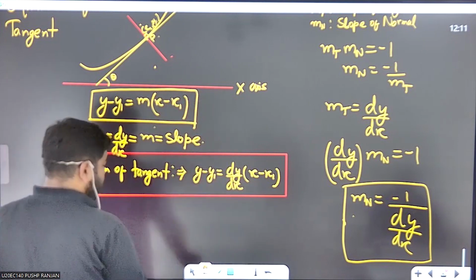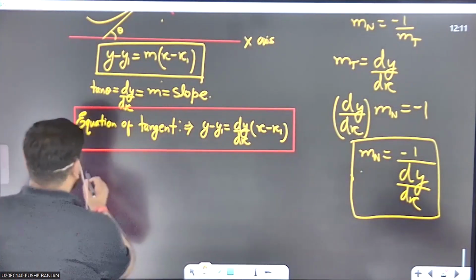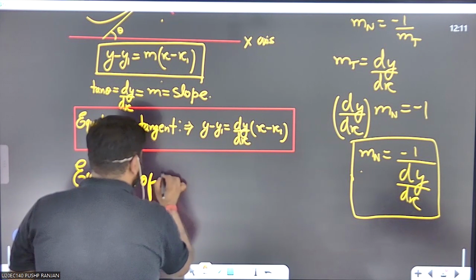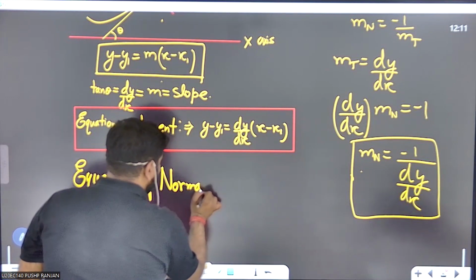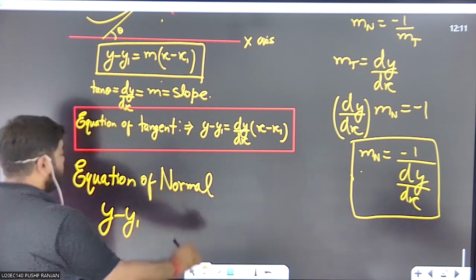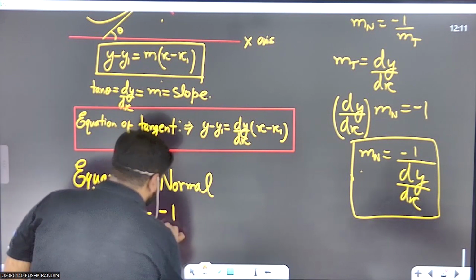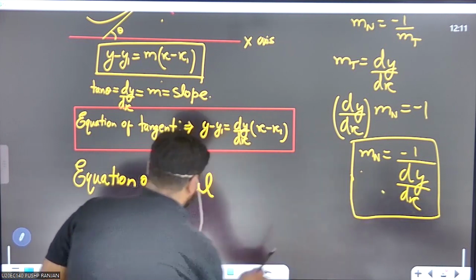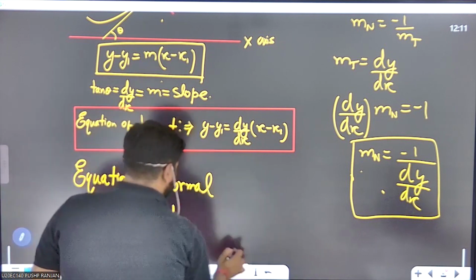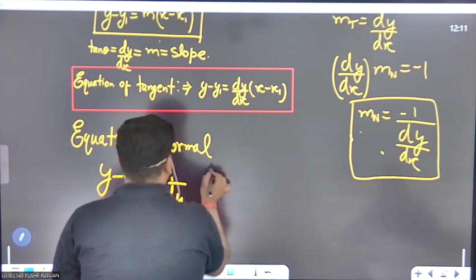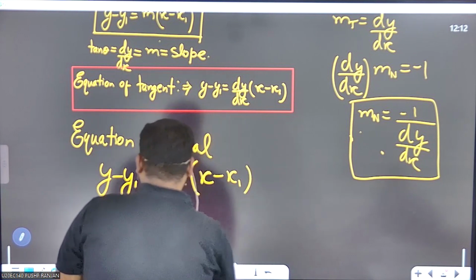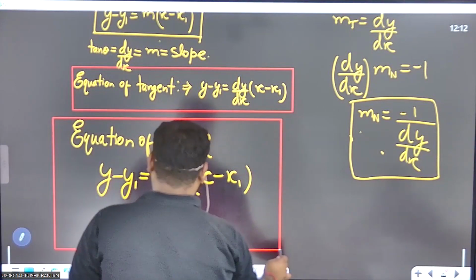So the equation of normal will be y minus y1 equals -1 upon dy by dx, as its slope is -1 upon dy by dx, times x minus x1. Let's put this also in a box.